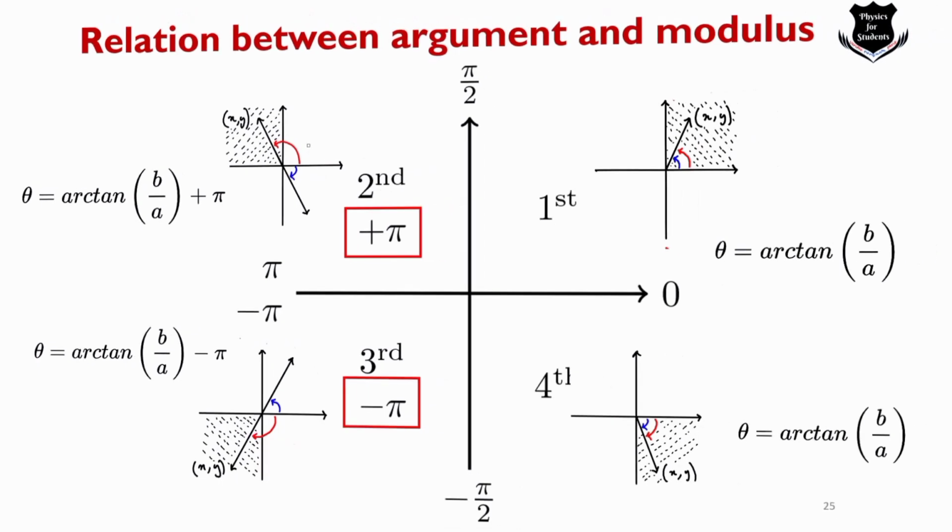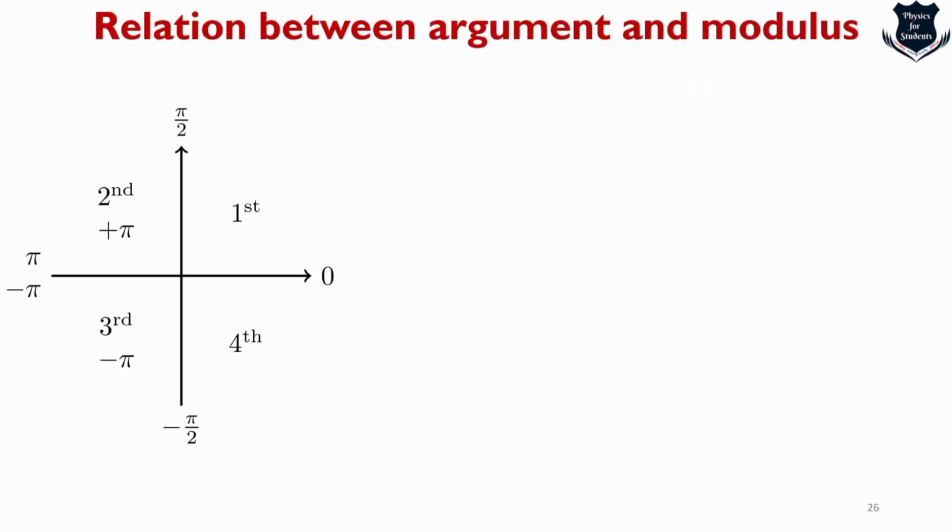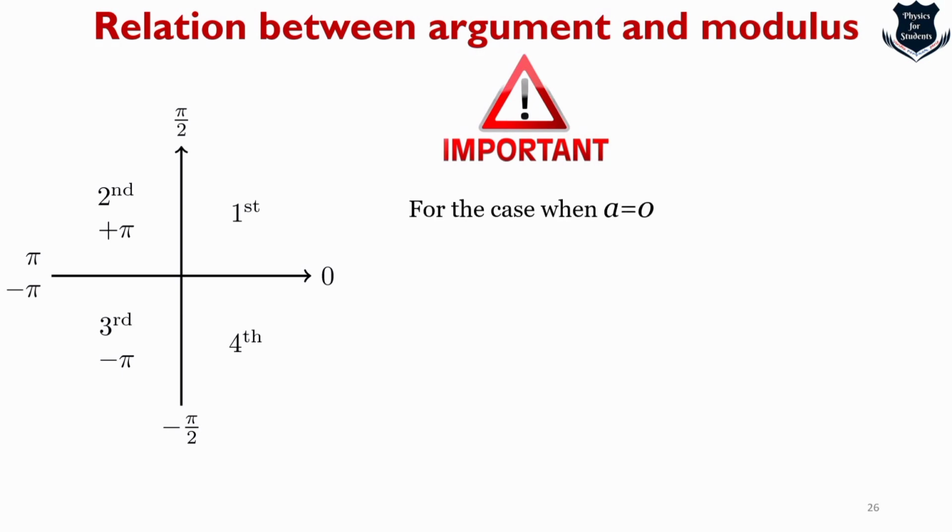Now here is something very important. Note that in the case when a equals 0, it means the complex number has no real part. In that case, the arctan method won't work. This is very important.